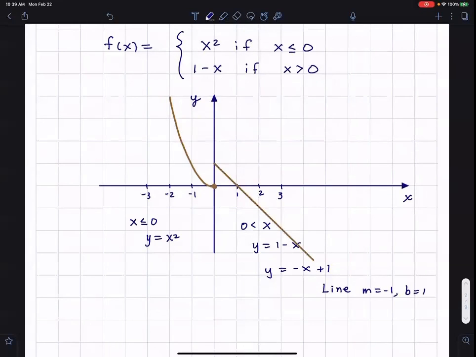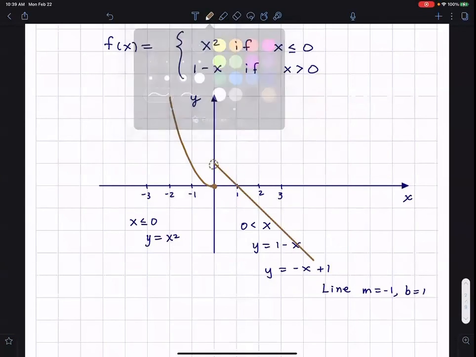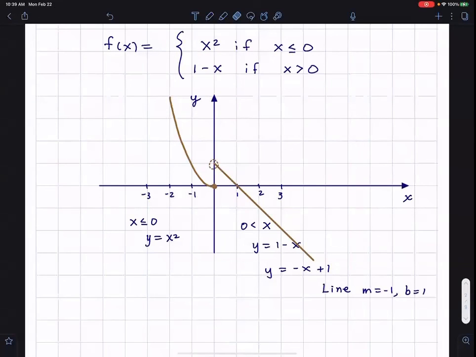So at 0, I'm going to put a round circle, with nothing inside. That's what it's supposed to be like. Okay, there, it's better.